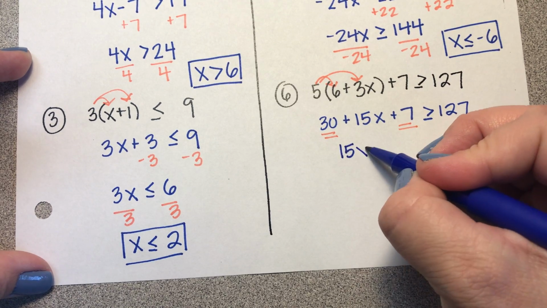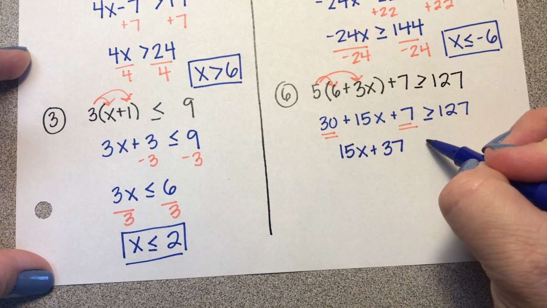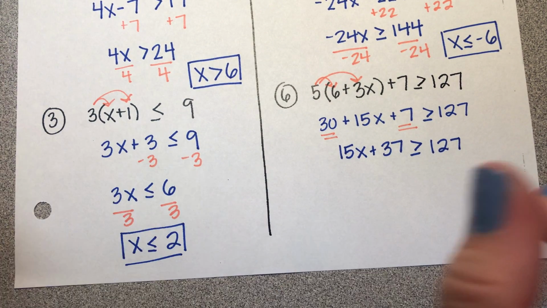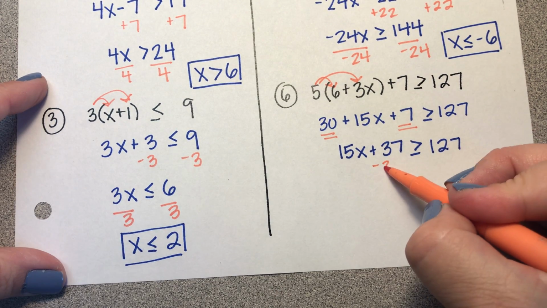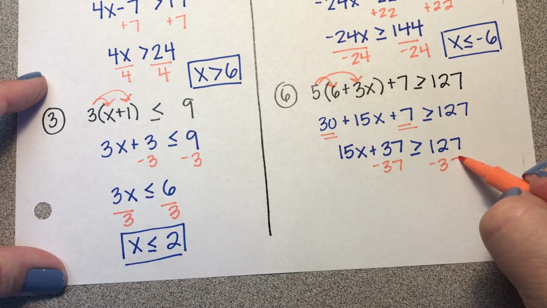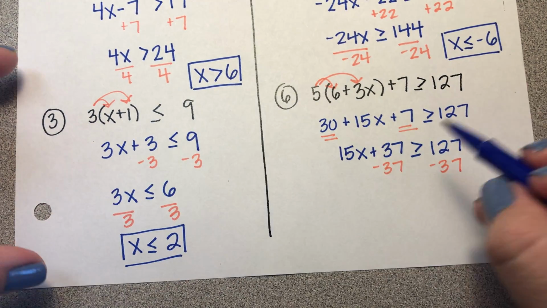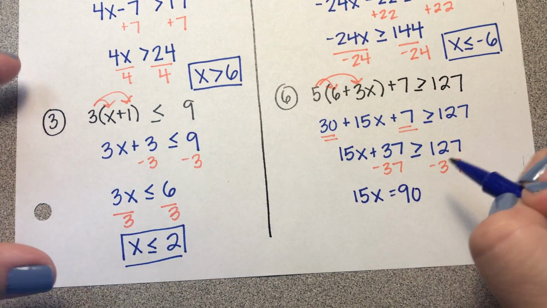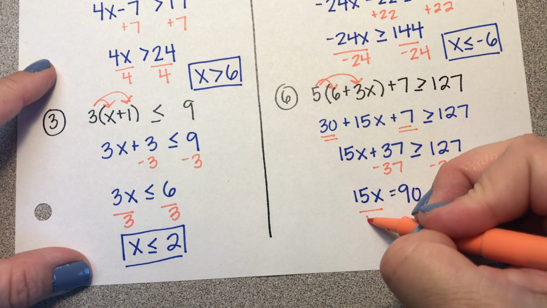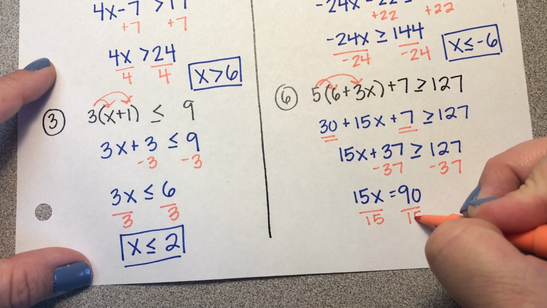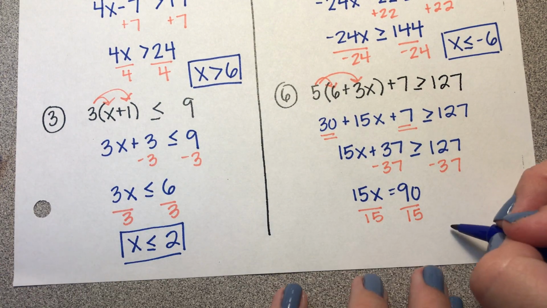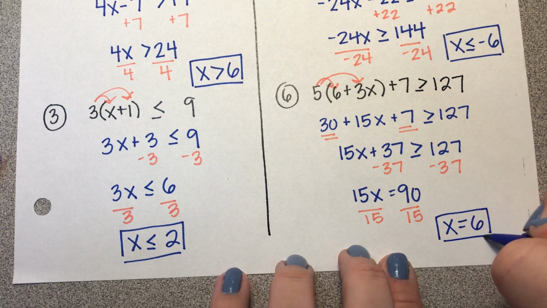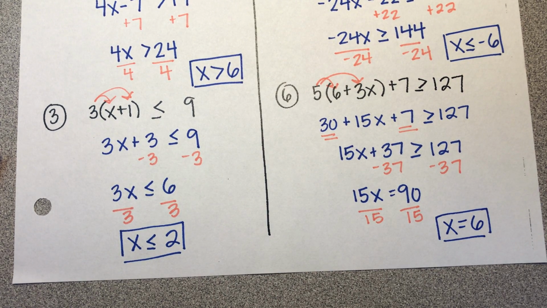So we have 15x plus 37 is greater than or equal to 127. Now we're going to go ahead and subtract 37 from both sides. So 15x is 90. And then we're going to divide both sides by 15 to get x equals 6. And that's my final answer.